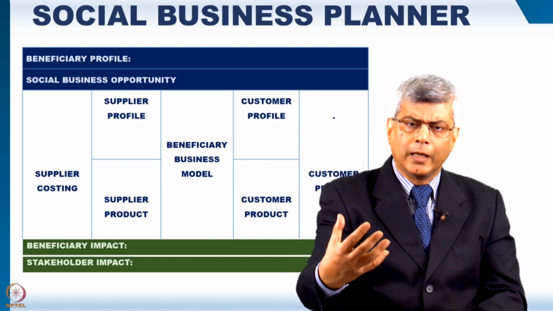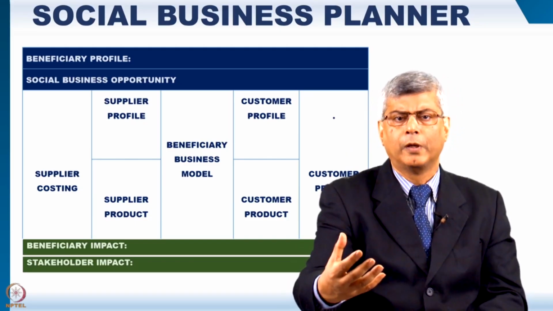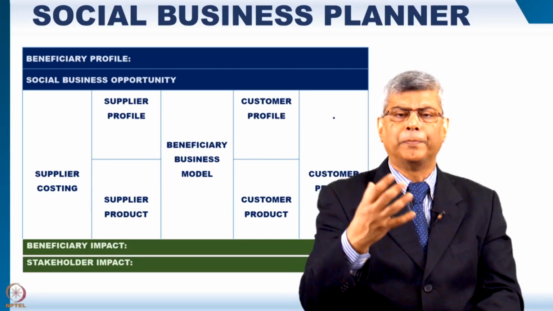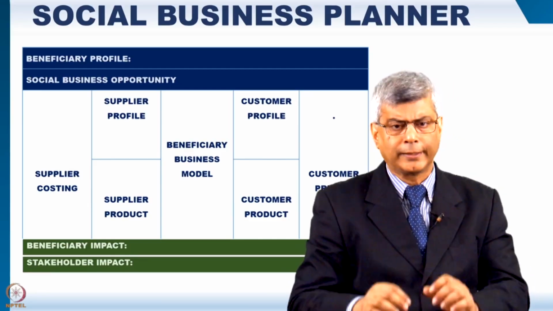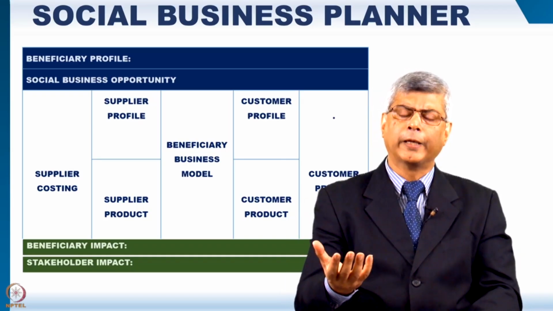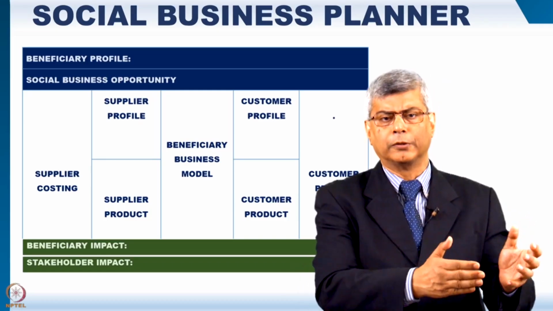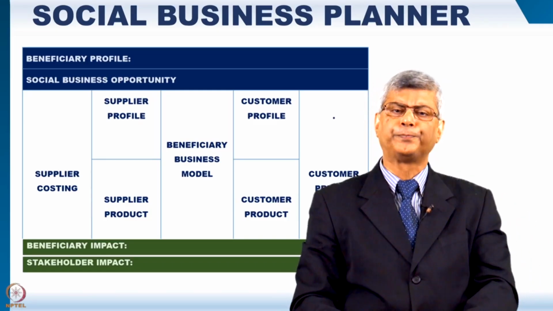Now let's say you are trying to look for an opportunity that the beneficiaries can build a business around. For example, just as an example, in a lot of temples, Hindu temples, a lot of flowers are given and offered to the gods and goddesses.